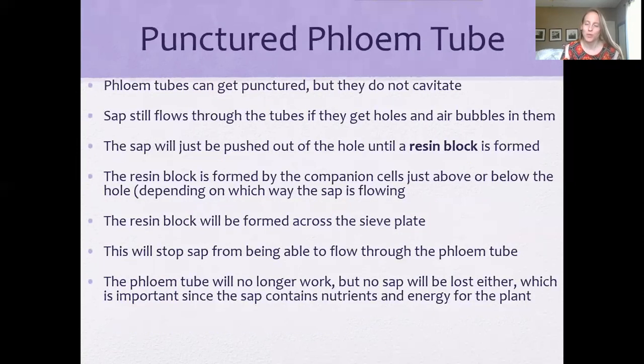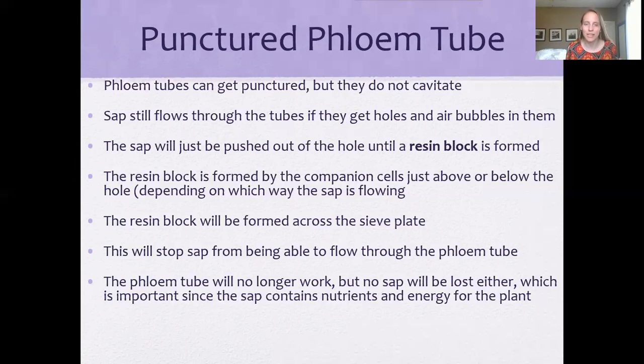When a phloem tube is punctured, it does not cavitate, so it doesn't just immediately stop working. Instead, the sap is going to continue to flow through the tube. However, usually it'll be flowing down, and because there's a lot of resistance as the sap is moving through the cytoplasm, it's easier for the sap to get pushed out of that hole and then just down the outside of the tree, where it's going through the air instead, so there's less resistance.